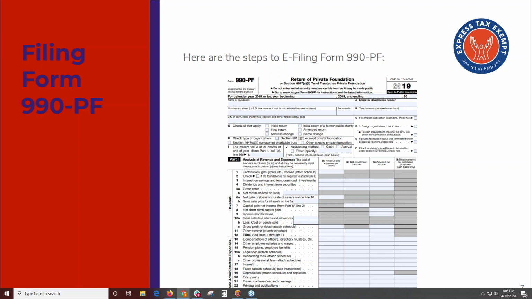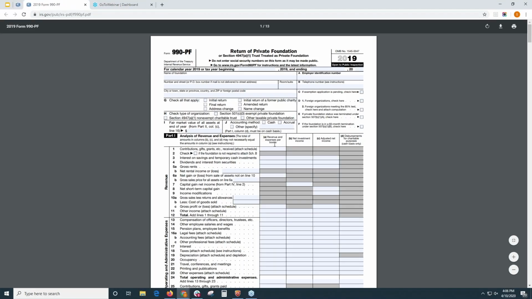So now we're going to move into the form and talk about what's required when filing and see a little bit what the 990-PF is about. When you first get into the form, the first thing it's going to ask you for is your organization's calendar year, begin date and end date.